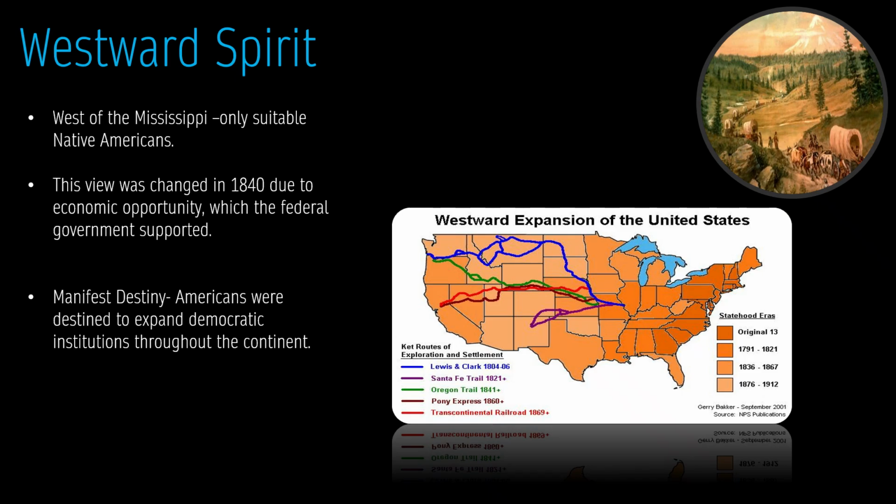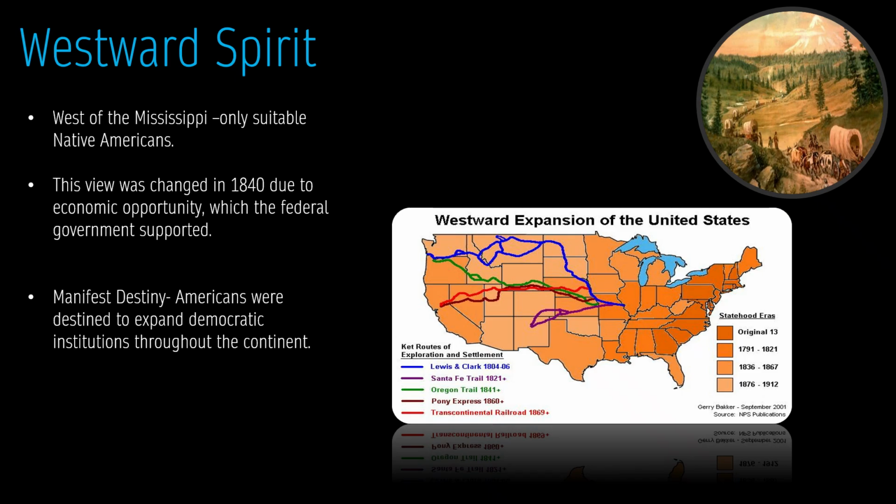And it's going to be under manifest destiny. And what manifest destiny is, the definition we use, is the belief that Americans were destined, not only destined, but divinely ordained by God to expand across the continent.